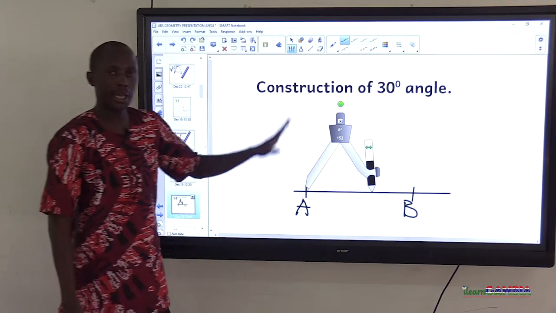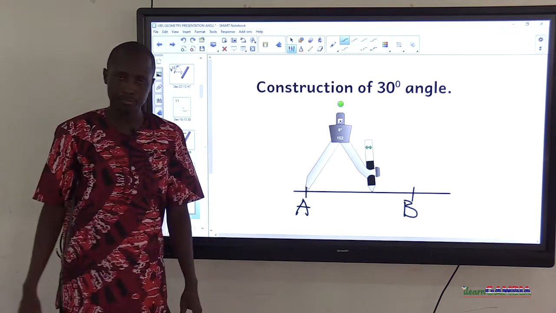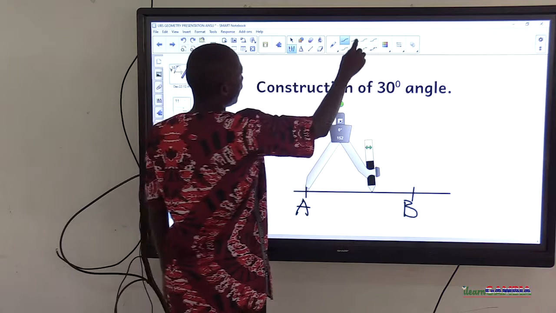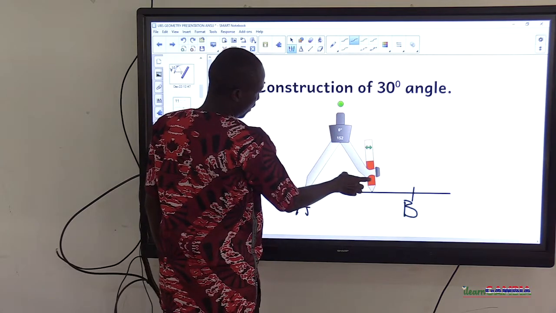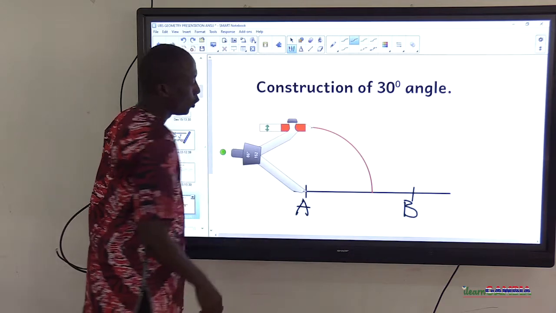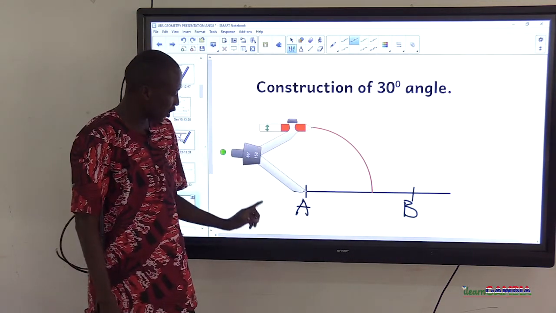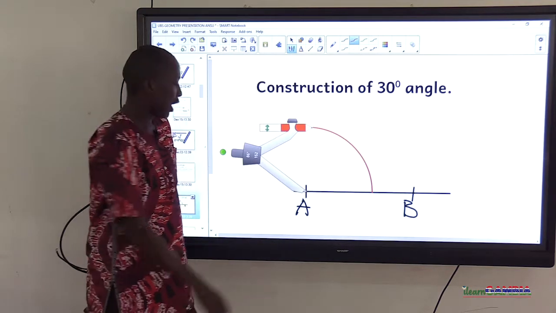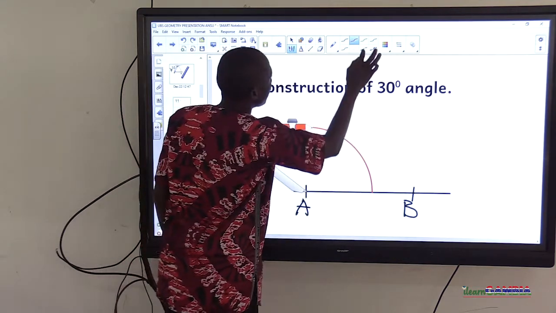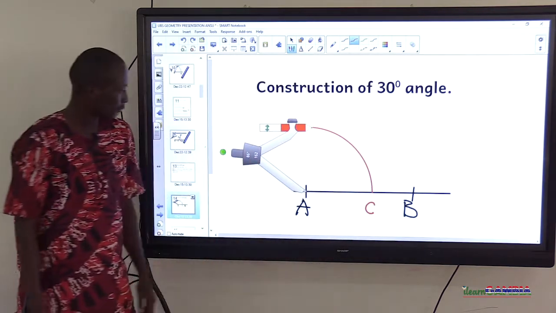You draw an arc upwards because that is where I want my angle to be. I draw an arc up this way. The point at which that arc intersects with the line AB, I can call that point C.